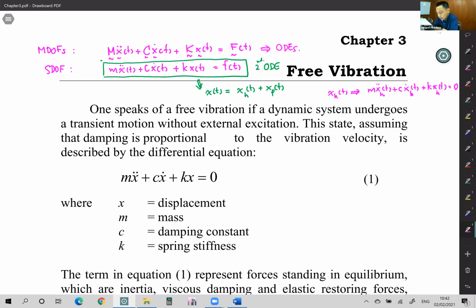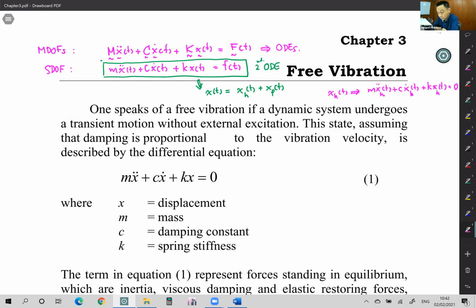Each integration creates one arbitrary constant, so the solution of a second order differential equation has 2 arbitrary constants.